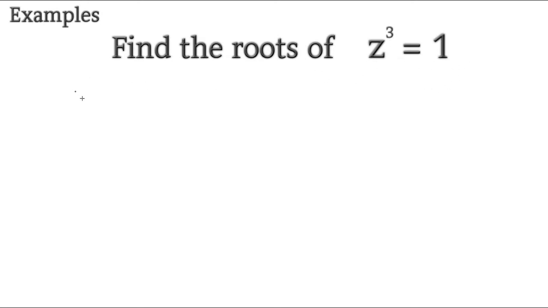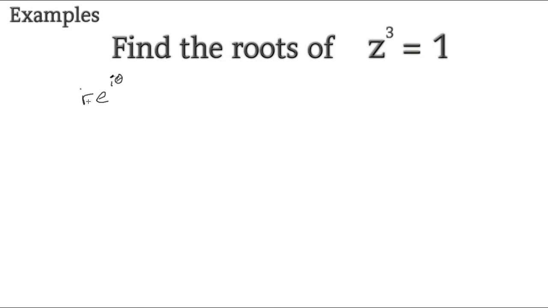One key aspect of this is to know the exponential form and the modulus argument form. So simply state z to be a value of r e to the i theta.